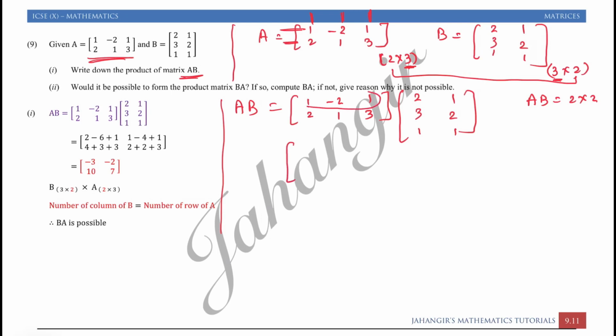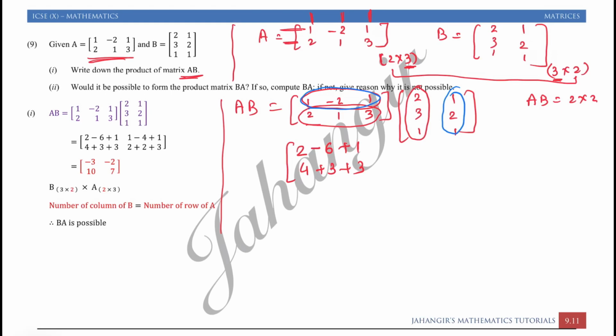So first row first column: 1 into 2 is 2, minus 6 plus 1. Second row first column: 2 2s are 4 plus 1 3s are 3 plus 3 1s are 3. Now let's make the second column.